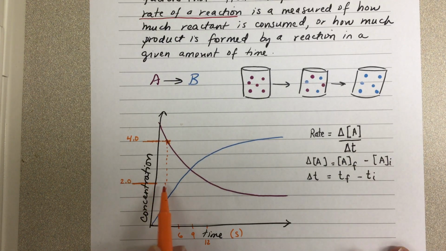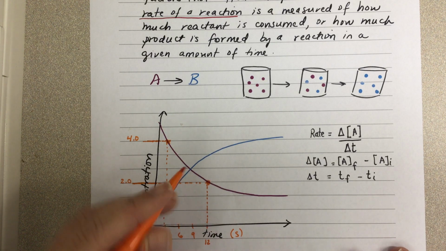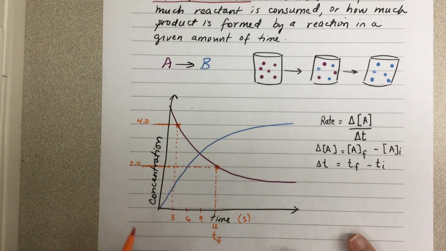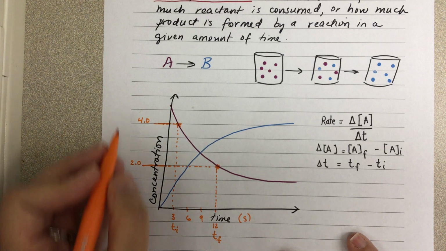Then I have here for my reactant, when the concentration is 2, I'm at this point right here, and that will be at 12 seconds. So I'm going to label this TF because I'm selecting that one as my final time, and this one here as my initial time.